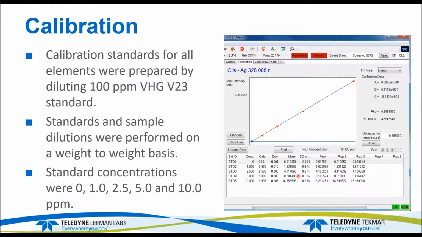You can also see the precision here is quite good using the cyclonic and the V-groove nebulizer. That's pretty typical. I always like all my calibration standards to have RSDs, standard deviations, of less than 1. I really like them less than about 0.5 if possible, but you see very good precision there.